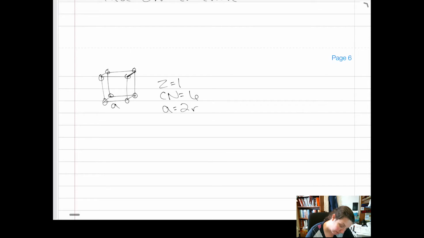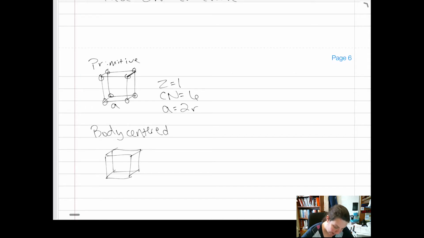So next one is body-centered, so this is primitive. Next is body-centered. That looks a little bit better. Has the atoms on the corners. And then it has a body centerpiece. So a piece all the way in the center, like so.